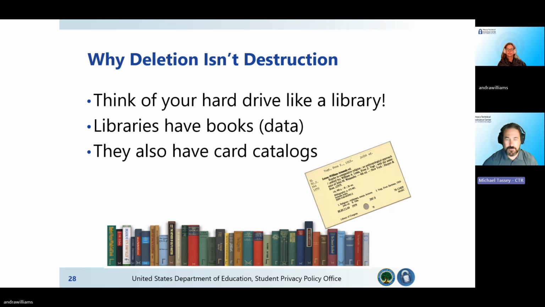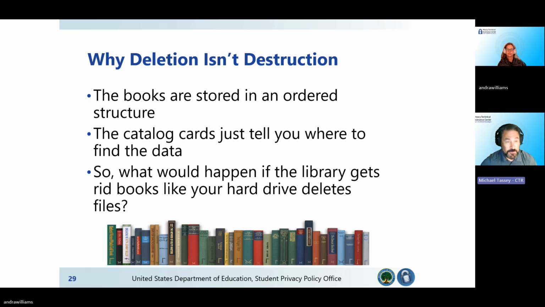And if we think about that in terms of your computer, those files are stored in a very similar way, in a structured storage medium, either your hard disk or a solid state drive or a thumb drive or whatever your storage medium might be, on a DVD-ROM or some other sort of media.